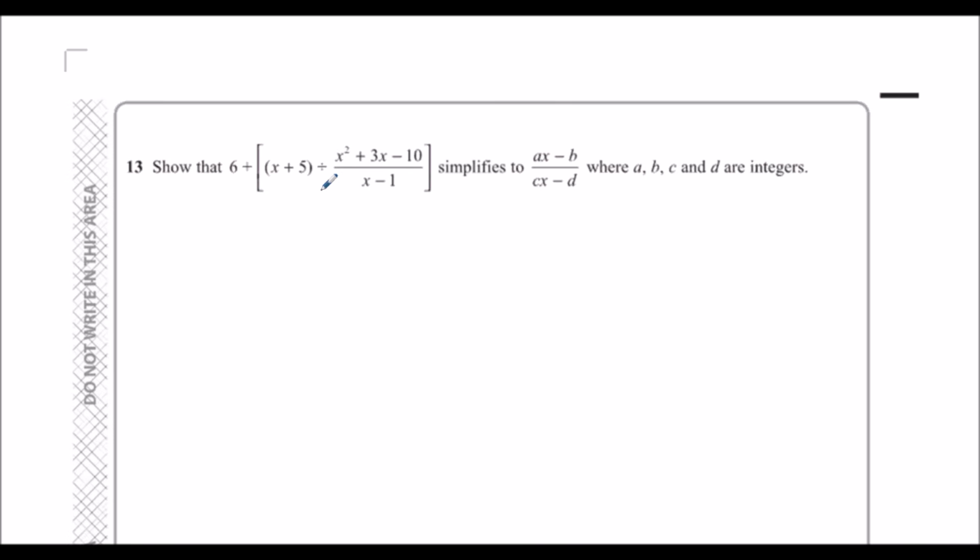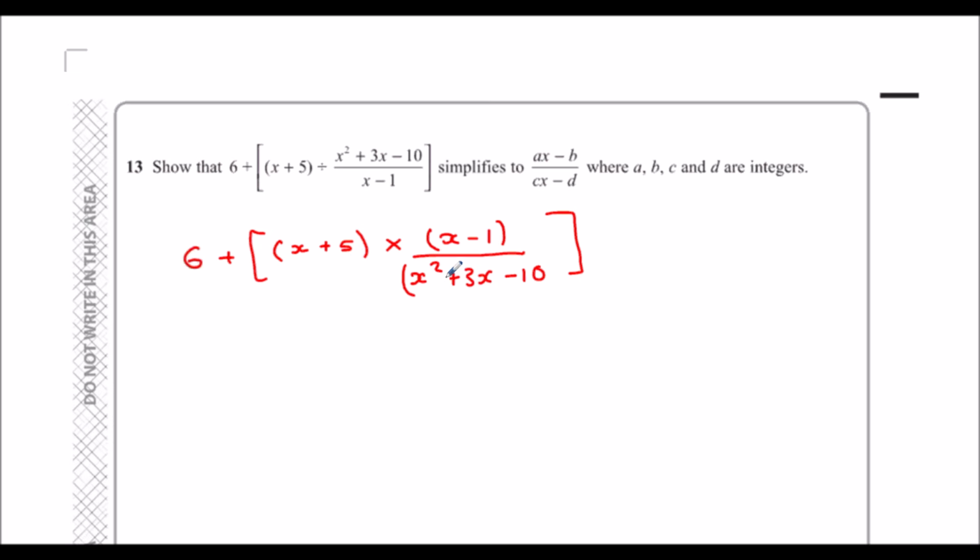We can start by changing this divide. Dividing by a fraction is the same as multiplying by the fraction and flipping the fraction over. So I'll change it to a times, and I'll write x minus 1 on top. So the denominator becomes the numerator, and the numerator becomes the denominator. And now I'm going to multiply these. So I'm going to multiply x plus 5 by x minus 1 over x squared plus 3x minus 10.